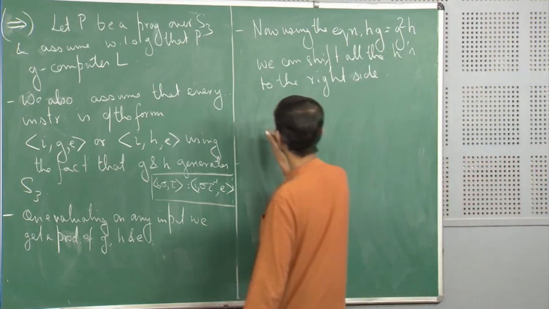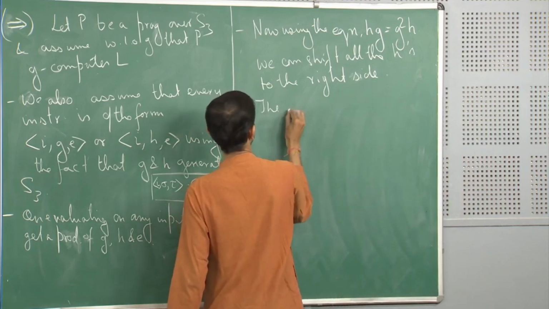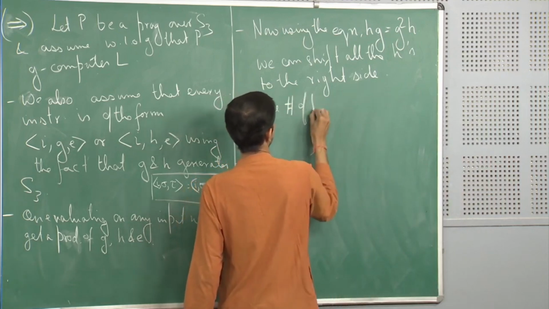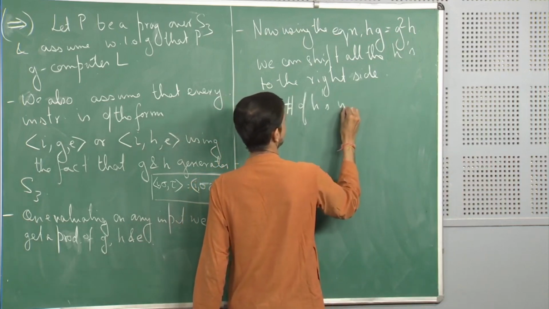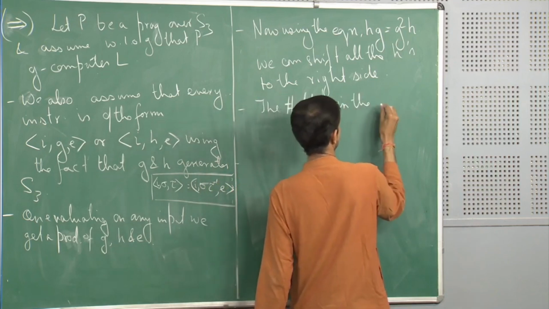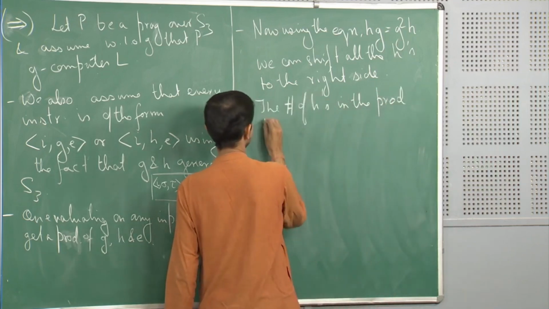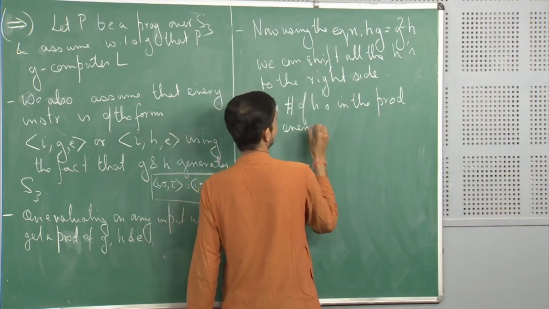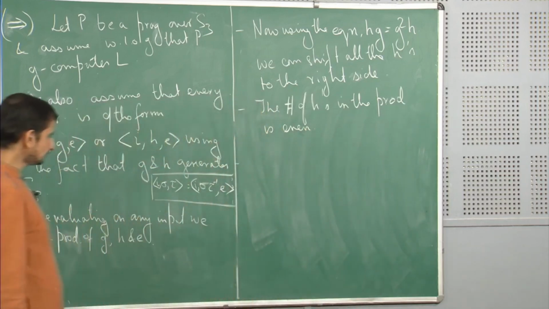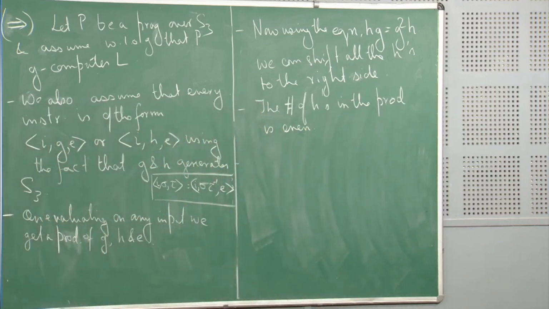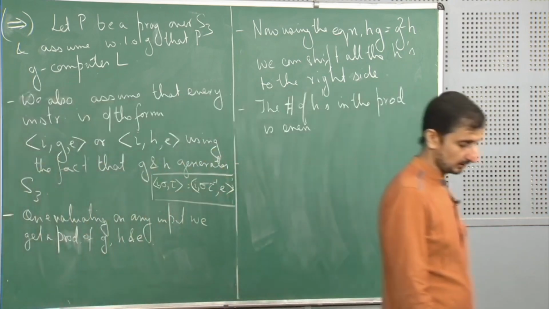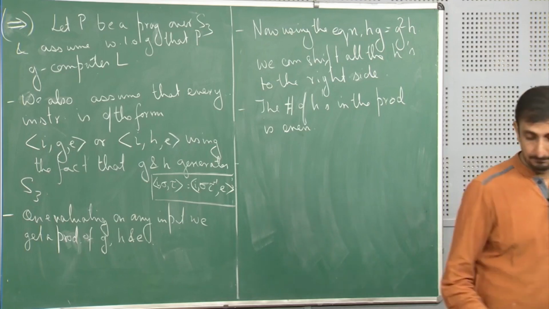Okay. So, the number of H's in the product is even. Okay. So, now we are sort of in a position to describe the circuit. What is the circuit corresponding to this product, this program?